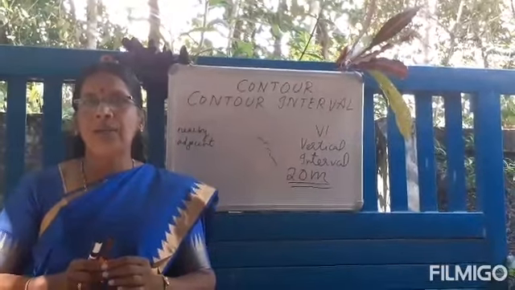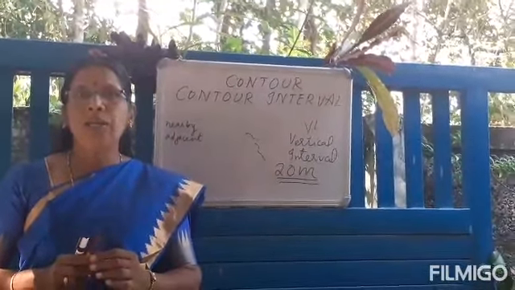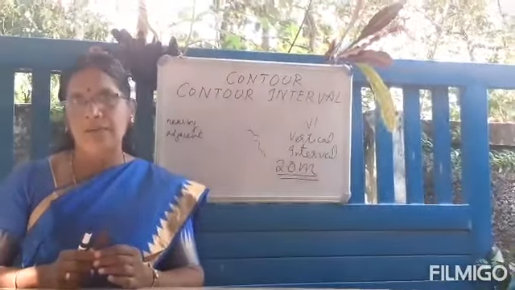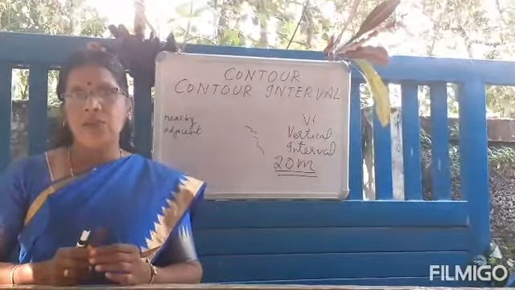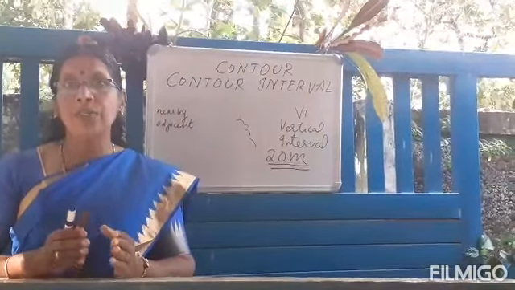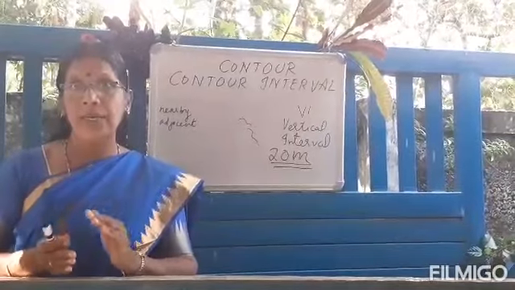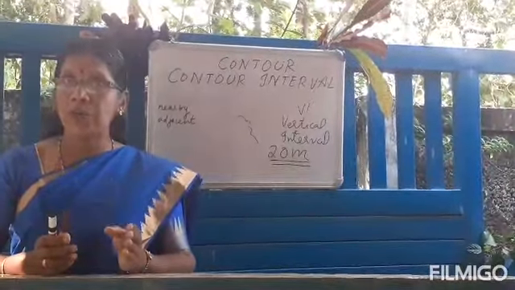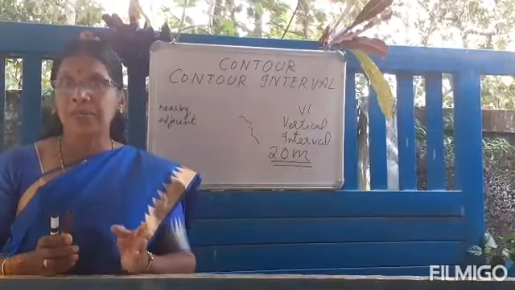What is a contour line? Lines drawn in brown joining places having equal height above the sea level. What is contour interval? The difference in height between two successive or nearby contours. What is the contour interval provided to you? 20 meter.